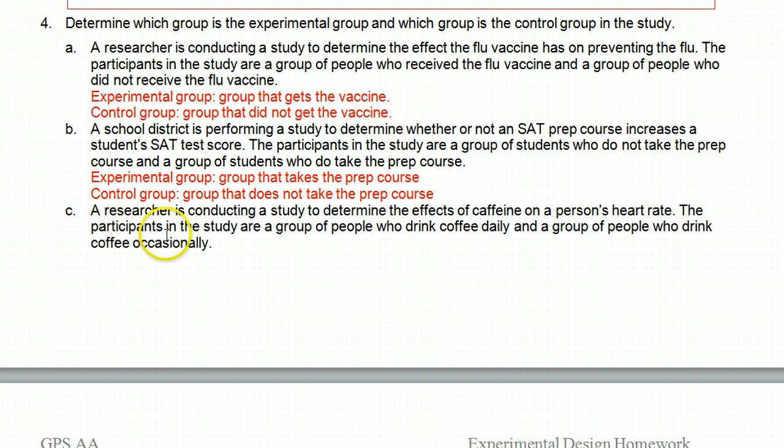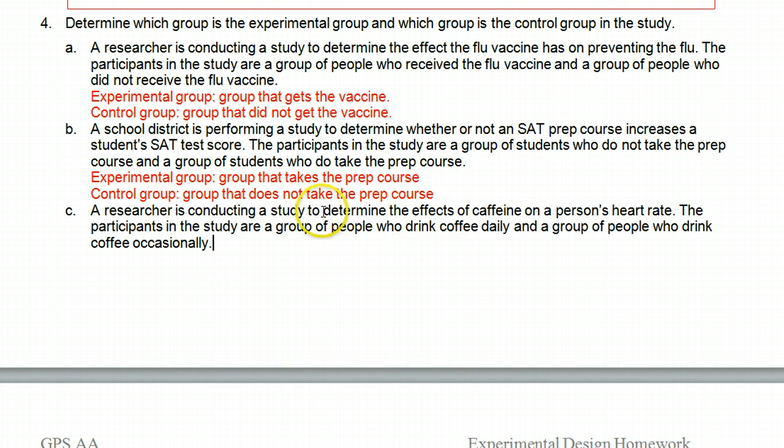All right, part C. A researcher is conducting a study to determine the effects of caffeine on a person's heart rate. The participants in the study are a group of people who drink coffee daily and a group of people who drink coffee occasionally.